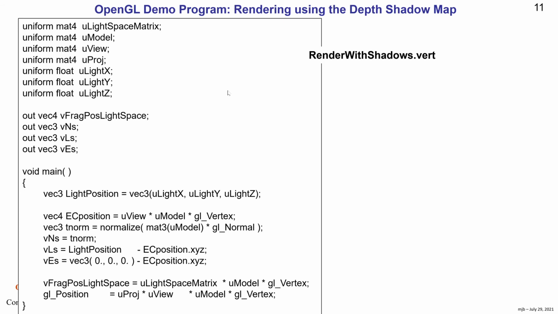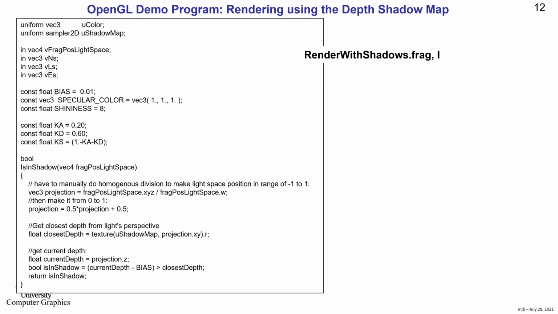Here's what we do when we're rendering with shadows. This looks the same as what you've already seen. It's doing per fragment lighting. These are the vectors. The vectors are out variables from the vertex shader. This is the fragment shader, the first part of the fragment shader.